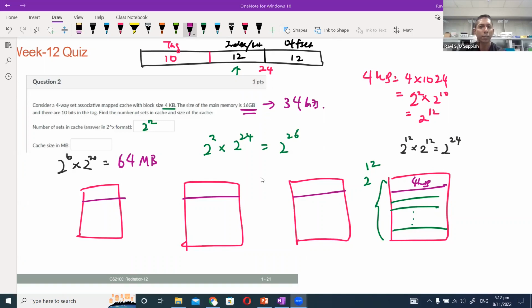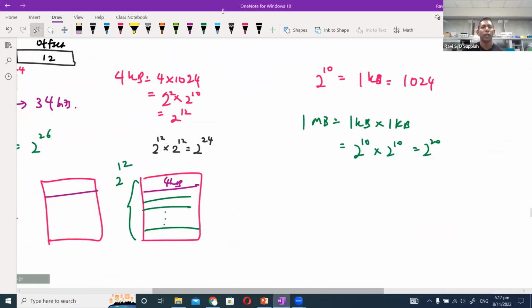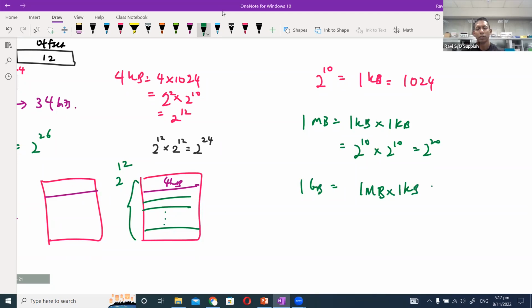So 16 gigabyte. How do I get 34 bits? We can come back to this with the same approach. 1 gigabyte will be 1 megabyte times 1 kilobyte, which will be 2 to the power of 20 times 2 to the power of 10, which will be 2 to the power of 30.